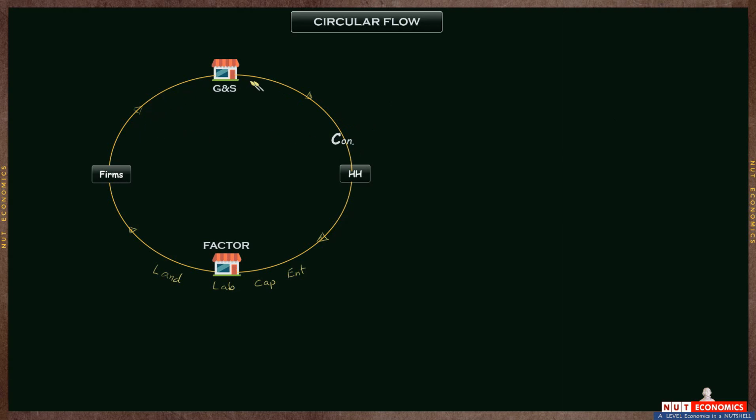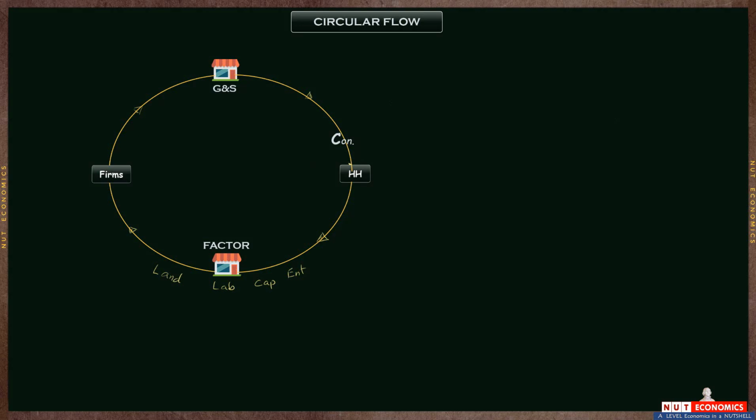So most of the country's total output is consumed. And hence the name circular flow. Resources move from the households to the firms, and from there they continue to move clockwise to the goods market, and through them in the same clockwise direction to these households. The circular flow of resources and goods between households and firms.